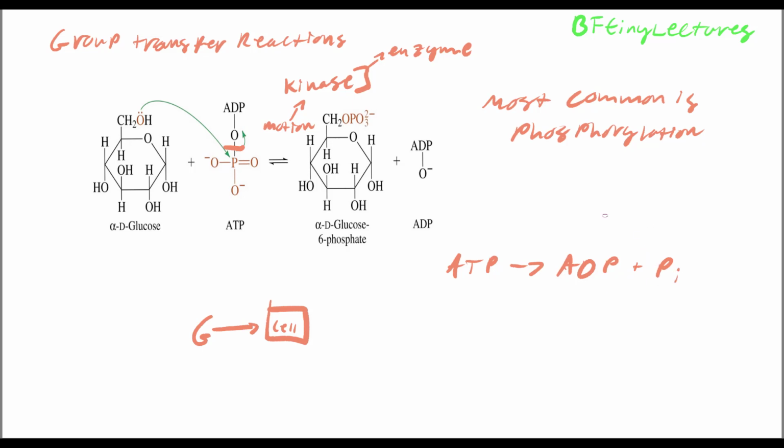So kinase says, now that I cut ATP and made ADP and phosphate, I'm going to move the phosphate onto the glucose. And when that happens, the glucose is not going to be able to get out of the cell, and we can use that glucose to our advantage. We can now use it for metabolic pathways. So essentially that is the group transfer reaction.